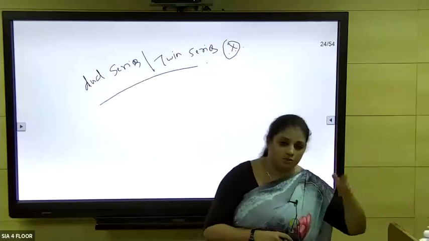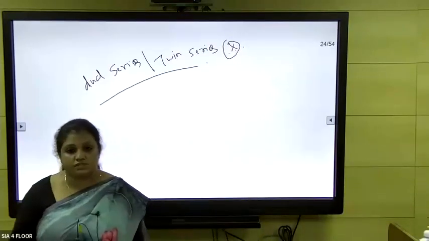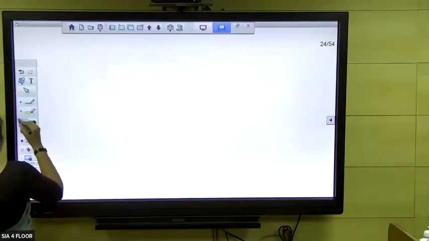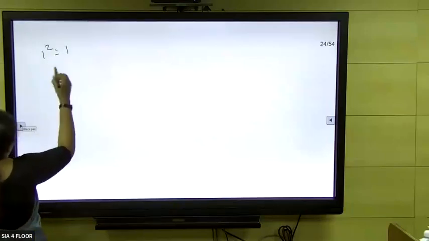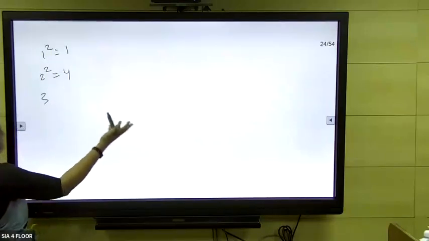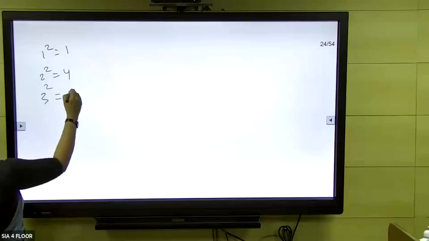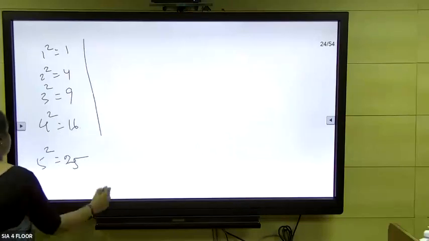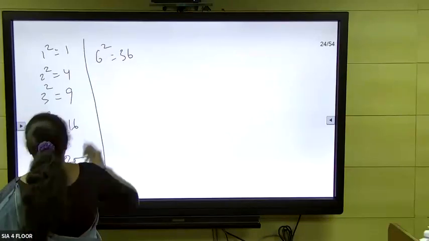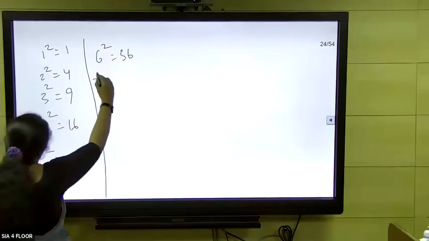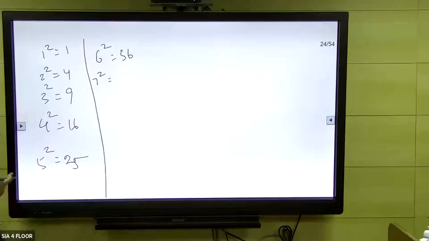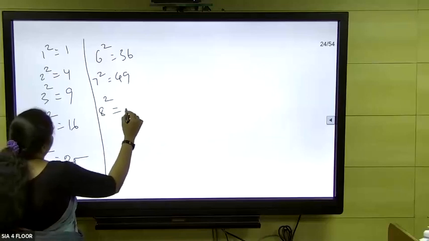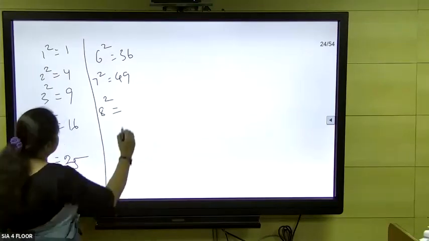Take problem number 1, and you must know the square numbers till 15 and cube numbers till 10 at least. Everyone knows, but anyways, I'll write because if you don't know this clearly, you cannot identify things quickly. If you don't know, you can just copy this. 4 square 16, 5 square 25. I'm not going to take this class very slowly because everyone knows these things. 8 square 64.